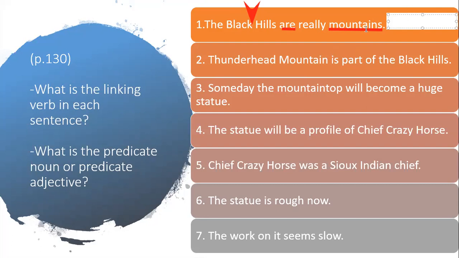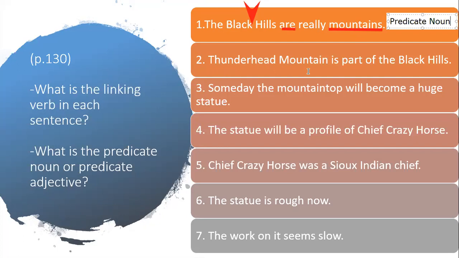You look at the word mountains, is it a noun, a pronoun, or is it an adjective? If you answered noun, then you are correct. So in this case, mountains is a predicate noun. Good job. Okay. So let's go to number 2.